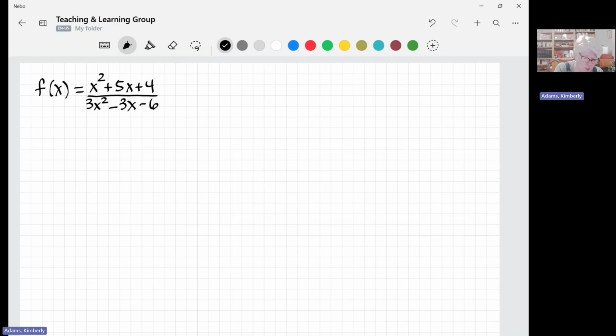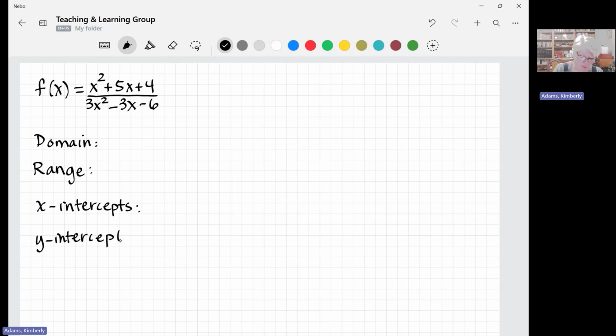We need to figure out what the domain is. We need to determine what the range is. I kind of put those two things in different categories. I need to know where the x-intercepts are. I need to know where the y-intercept is, if there is one.